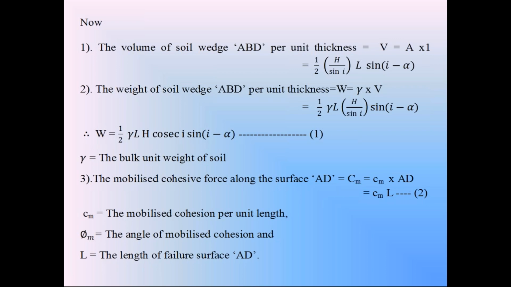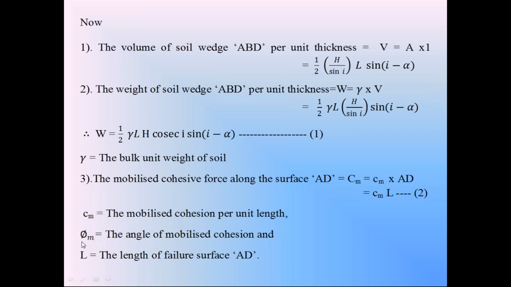Just now I explained this in the diagram. We also discussed the reaction force R from the surface AD on the soil wedge. That reaction force R makes the angle phi m with the perpendicular direction. Phi m is called the angle of mobilized friction.